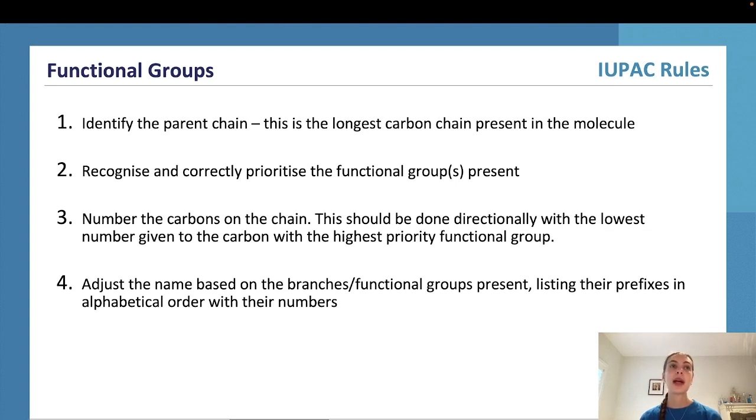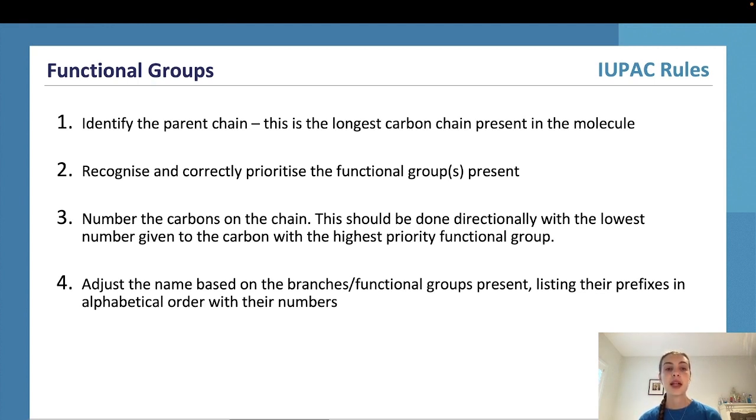That's just looking back at our original naming of the alkanes: methane, ethane, propane, butane, pentane, continuing on. And that will determine generally what the prefix is going to be for the molecule.